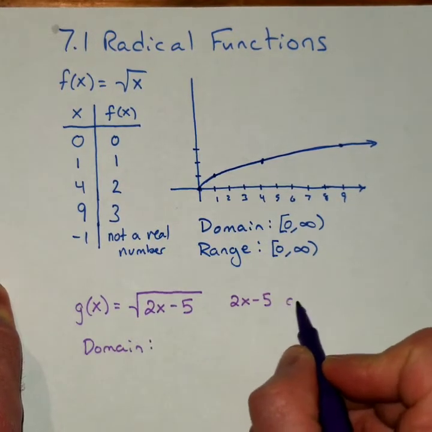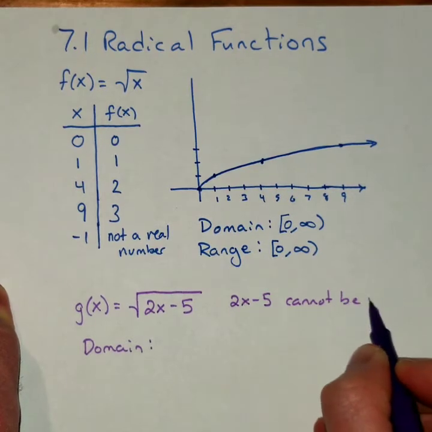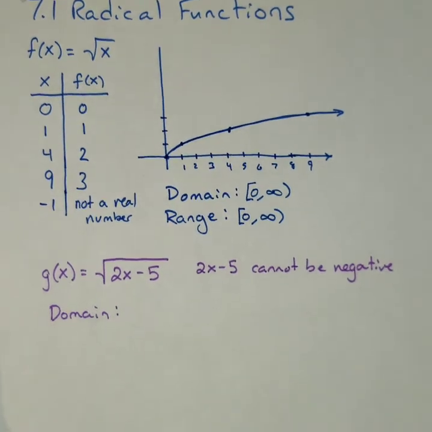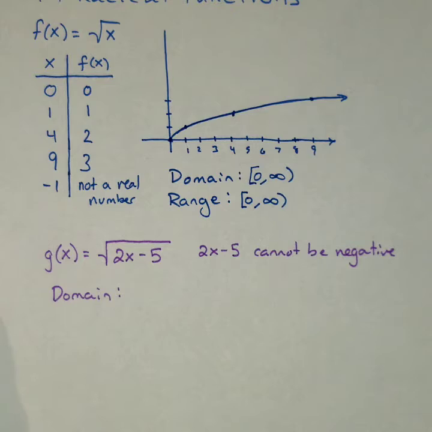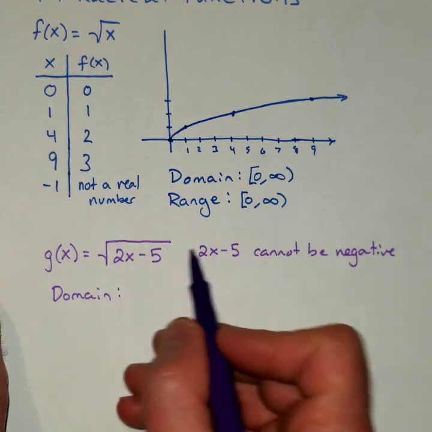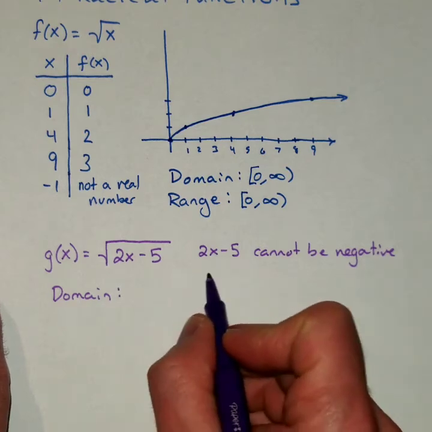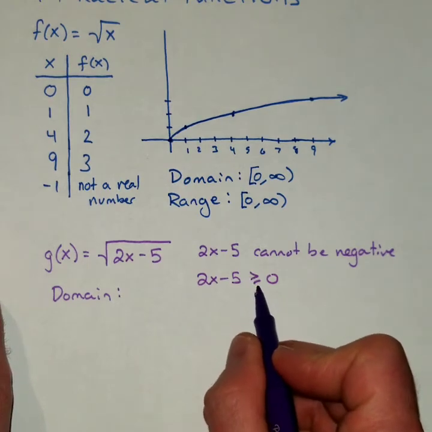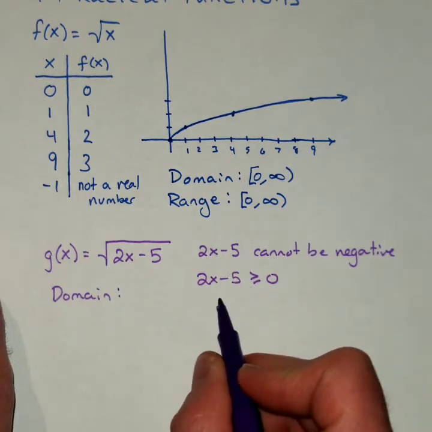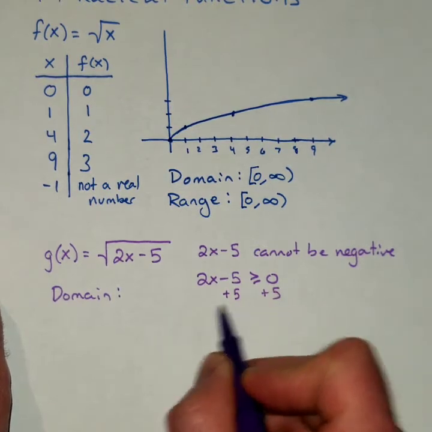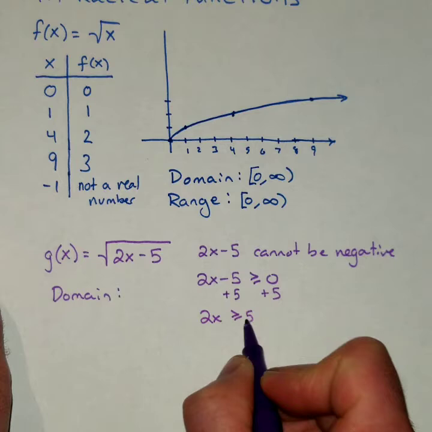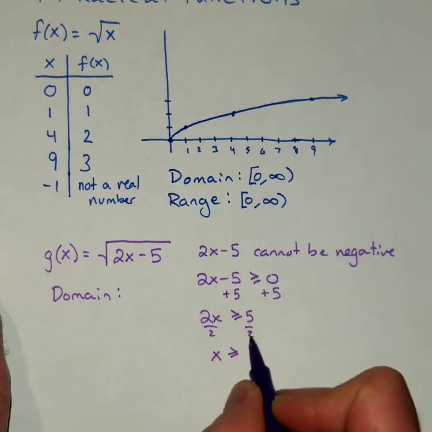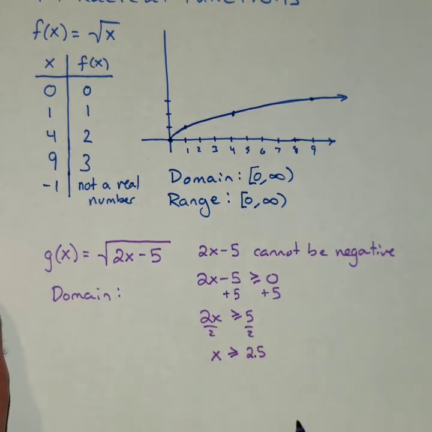So 2x minus 5 cannot be negative. If it was, I would have a non-real number answer, right? There'd be no real number. If this thing was a negative, I'd have the square root of a negative number. Can't have that. So instead, we're going to take that 2x minus 5, we're going to make it greater than or equal to 0, because that gives us our positive values and 0. And then we solve for x. 2x is greater than or equal to 5, divide by 2, and so x must be greater than or equal to 5/2, which is 2.5.